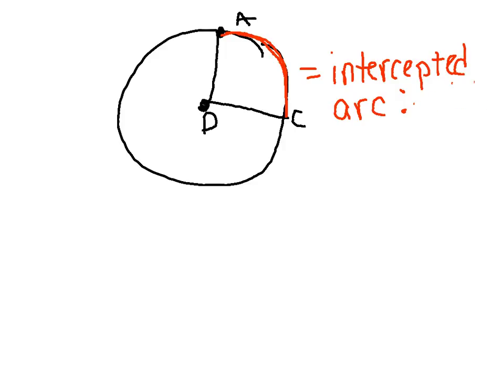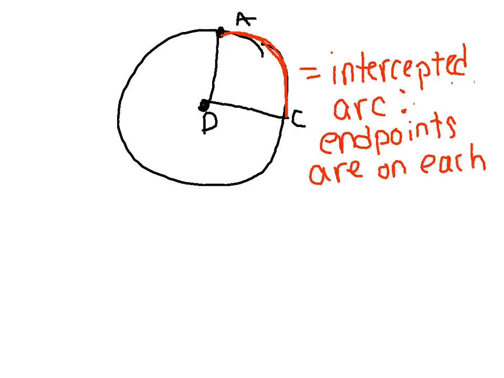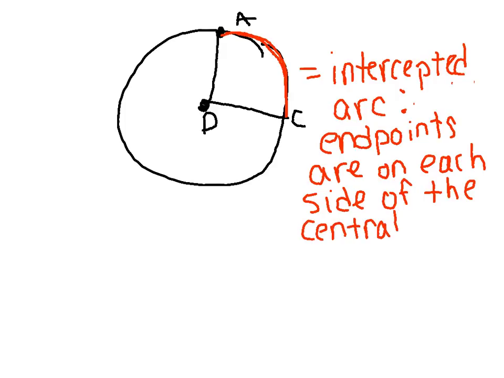Let me rewrite this down here so you can see this better. Endpoints are on each side of the central angle. Okay? Now, we also have the inscribed angle. I'm going to draw one more thing here.